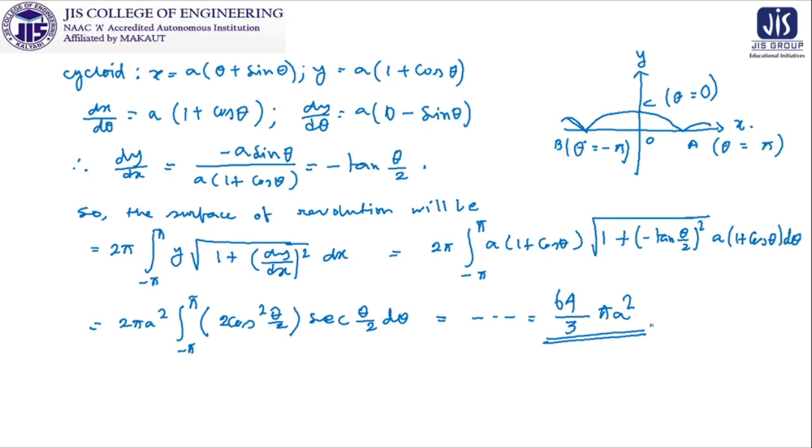Before concluding this class, I want to share one piece of information: if it is not given directly by x and y, or Cartesian coordinates, and something is given in terms of polar, then what will be the volume of revolution?